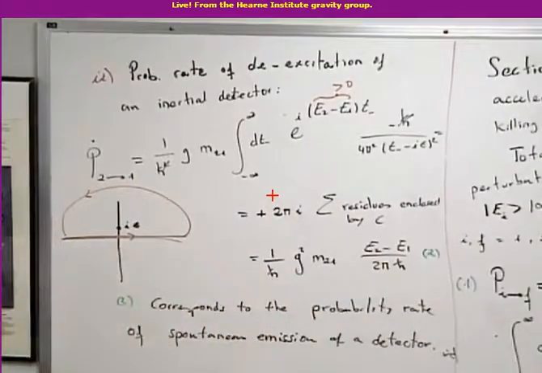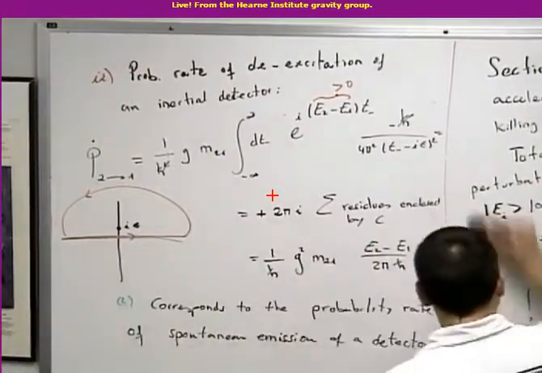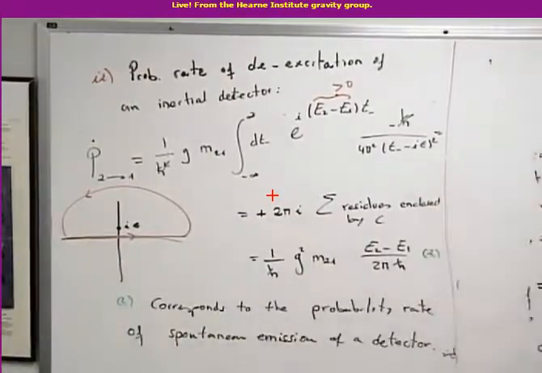So as we expect, you go to the lab and you measure the probability rate of the de-excitation of an atom, and that agrees with that. So this supports the picture that the Minkowski vacuum is in fact absent of particles, of inertial particles.